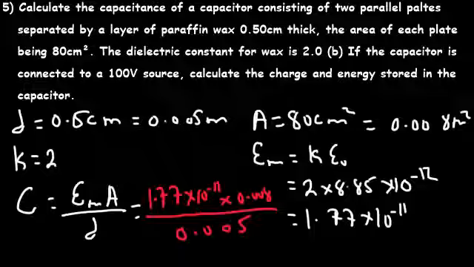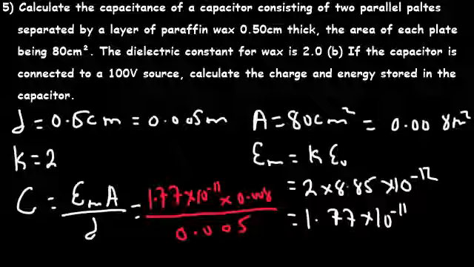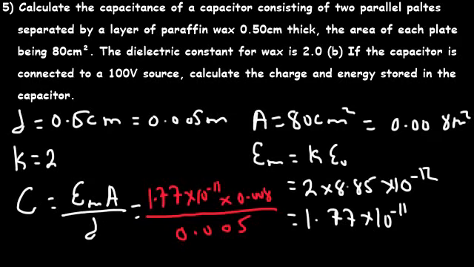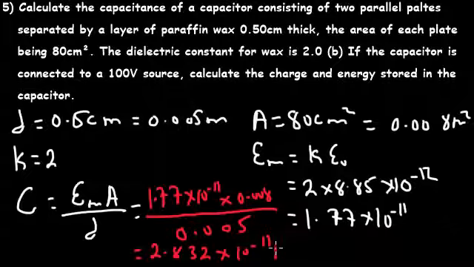Again, onto our calculator: 1.77 times 10 to the power of negative 11 multiplied by 0.008, then divided by 0.005. In standard form, our final answer is simply 2.832 times 10 to the power of negative 11. That is the capacitance of the capacitor.